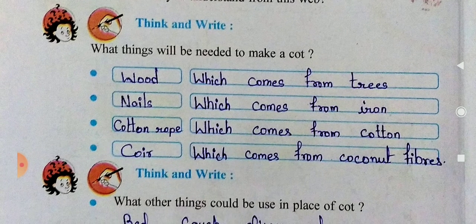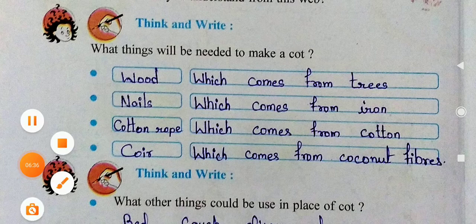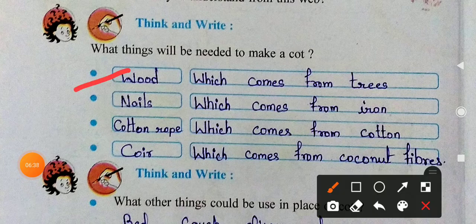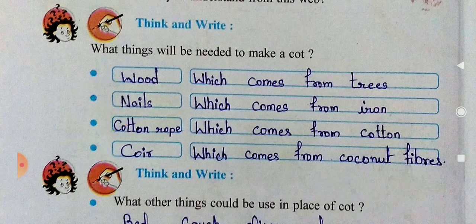Think and write what things will be needed to make a cot. Wood, which comes from the tree, nails, which come from iron, cotton, which comes from the cotton plant, and coir, which comes from coconut fibres. We need these things to make a cot.